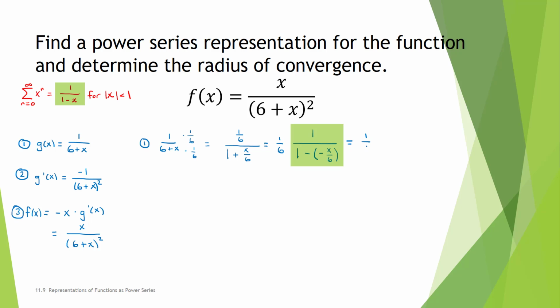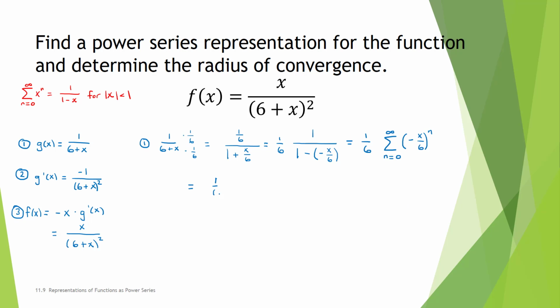So this is 1/6 times the sum from n equals 0 to infinity of negative x divided by 6 to the n power. This is where we used our geometric series.